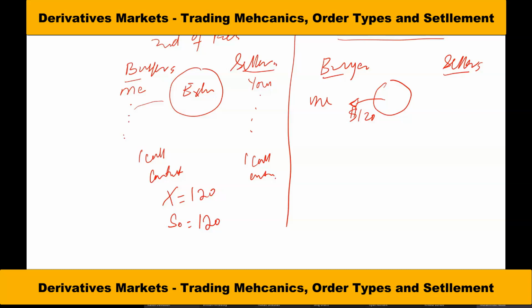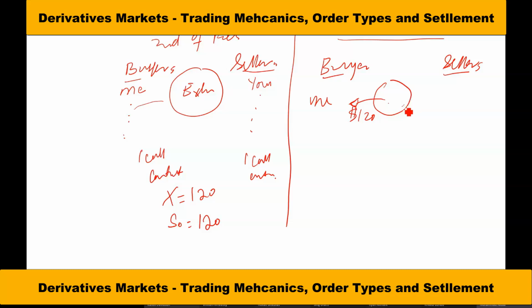Now the actual mechanism is that I will have to inform the market in advance, 1 day or 2 days or 3 days, depending upon which market it is, that I want to take physical delivery. When I say I want to take physical delivery, then the exchange or the clearing house will contact the clearing agent, and they will contact the broker, and the broker will contact you to actually arrange for the shares that need to be physically delivered.